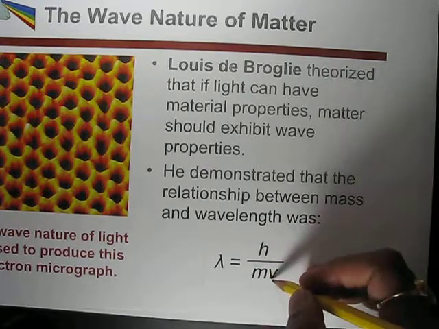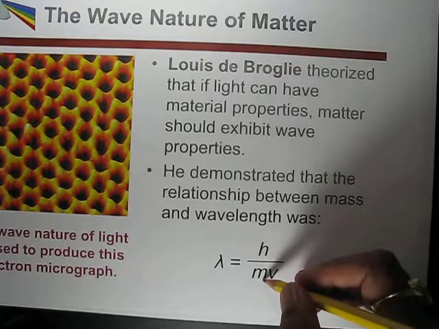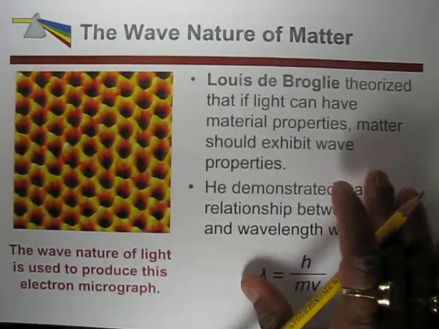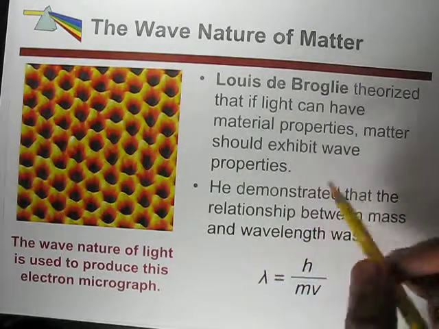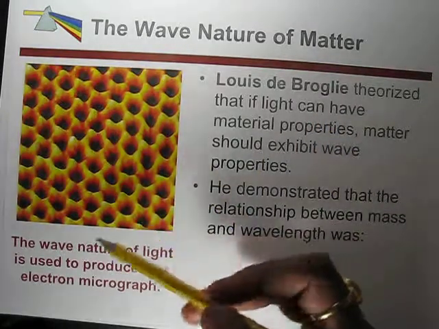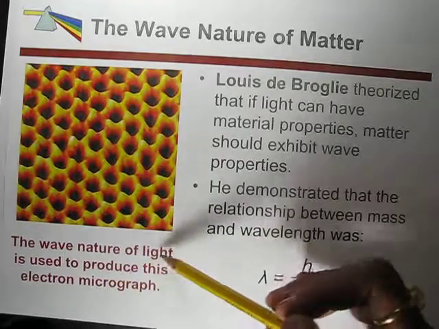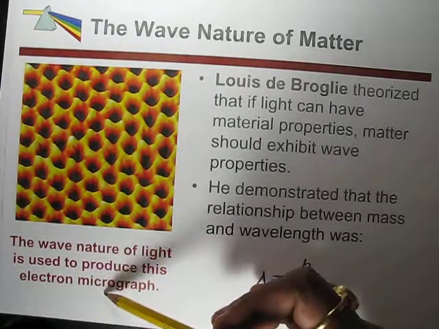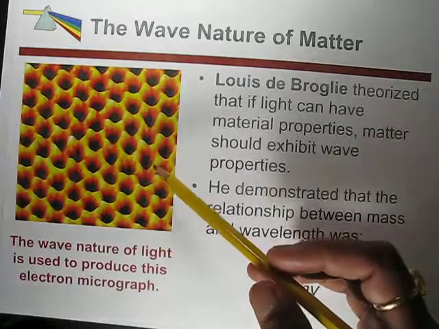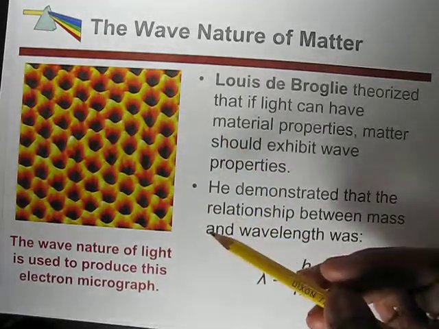Mass is for matter. And based on these two theories, Bohr's theory and de Broglie's theory, the wave nature of light is used to produce the electron micrograph. So electron microscopy was developed based on quantum mechanics.